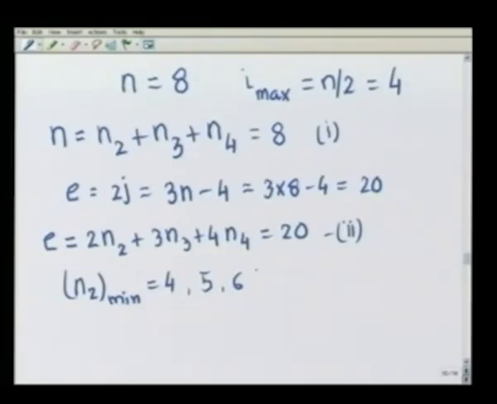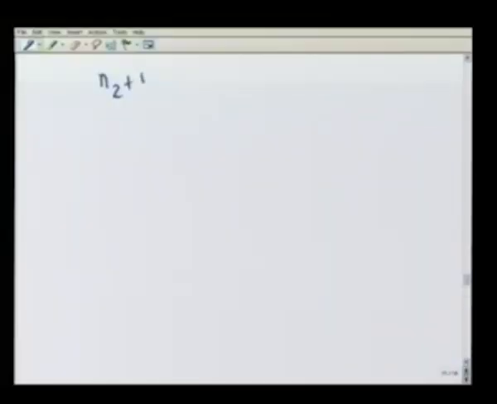Let us see what are the various solutions possible to these 2 equations under such restrictions that all these numbers n2, n3, n4 must be positive integers. There is no point having a negative number for the number of links, and also the minimum value of n2 is 4. So, for an 8-link mechanism, we have 2 equations, namely n2 plus n3 plus n4 is 8, and 2n2 plus 3n3 plus 4n4 is equal to 20.